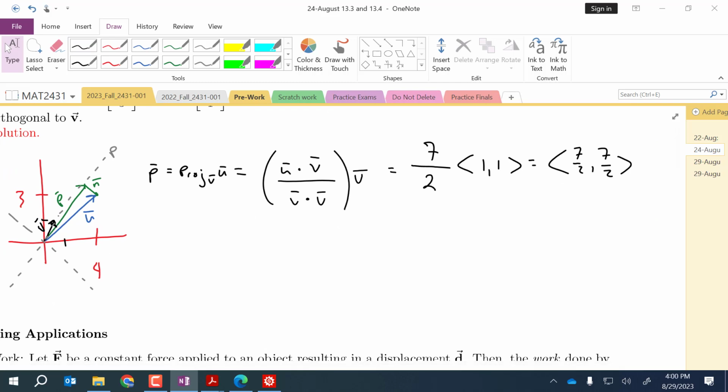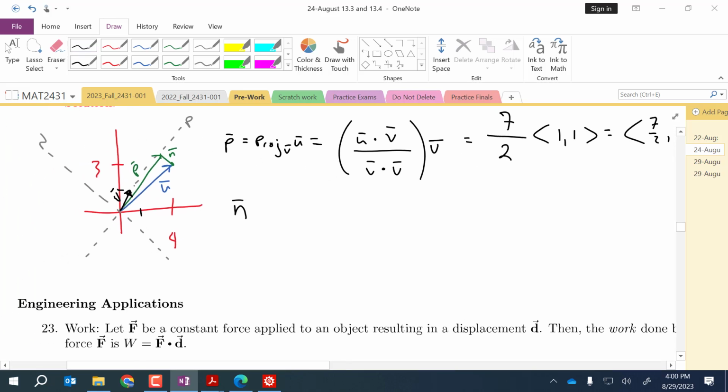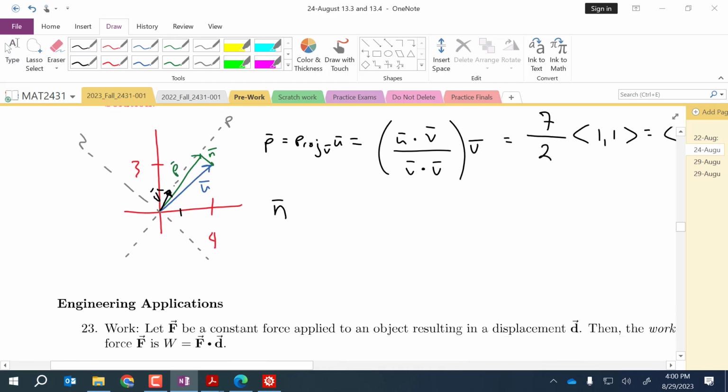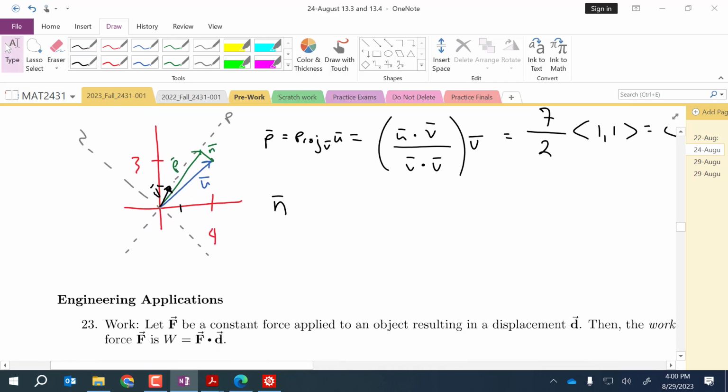And then let's go ahead and find our normal vector n. When I was trying to remember how to do this last week, what you could do is come up with this line right here. You could find the equation of this line. This has a slope of 1, this is the line 1, 1.